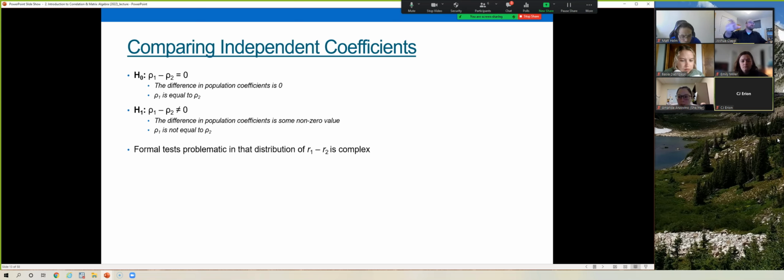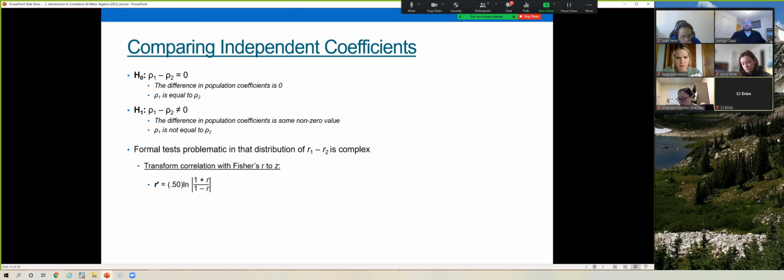Problem is R1 minus R2 doesn't have a nice distribution, which complicates our ability to run that analysis. So what we first need to do is perform what's known as a Fisher's R to Z transform. Basically, we're taking that correlation estimate and turning it into an alternative metric.